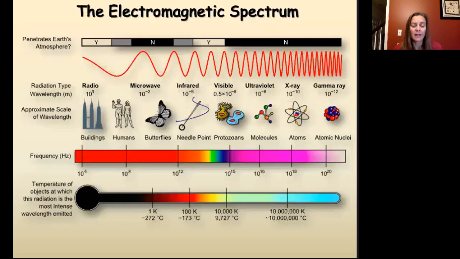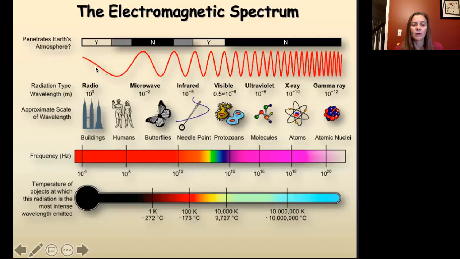So light is a tiny, tiny piece of the electromagnetic spectrum. You can see here in the center of the electromagnetic spectrum, we have our visible light. And the electromagnetic spectrum is these waves that propagate through space at the speed of light.